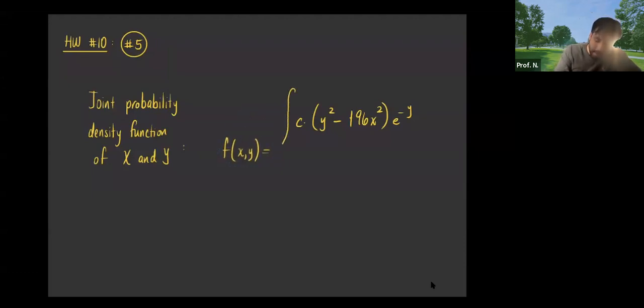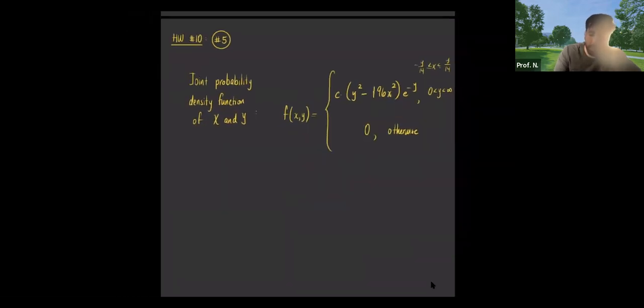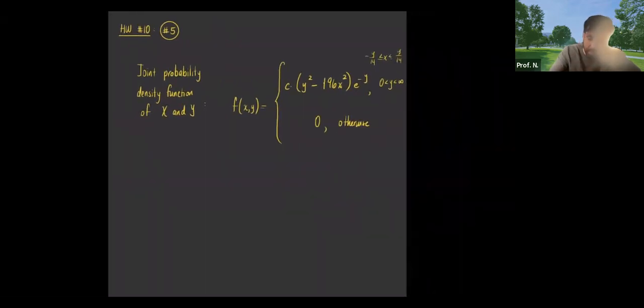Okay. So we have 0 otherwise. And then we got x is between y over 14 and negative y over 14, and y is between 0 to infinity. So before even doing anything, I immediately pay attention to this.